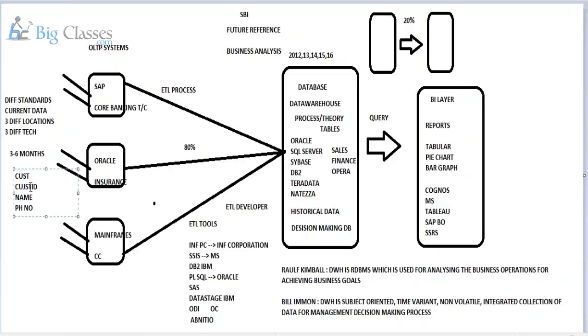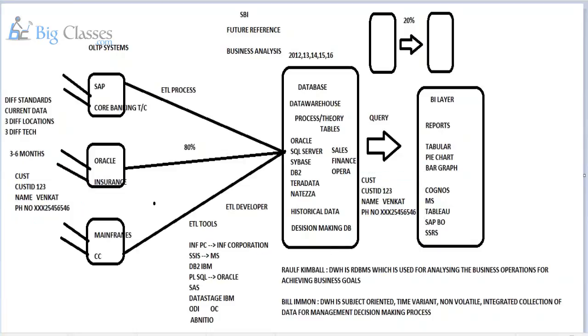Customer ID is 3, with a name, and you have the phone number. So this data is basically stored into the data warehouse.